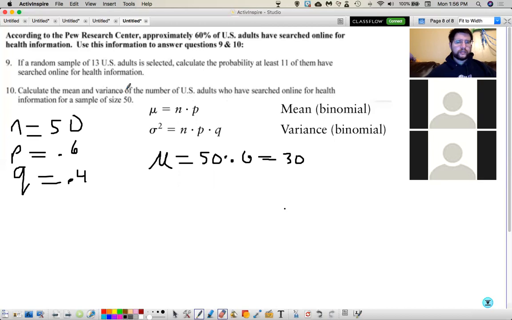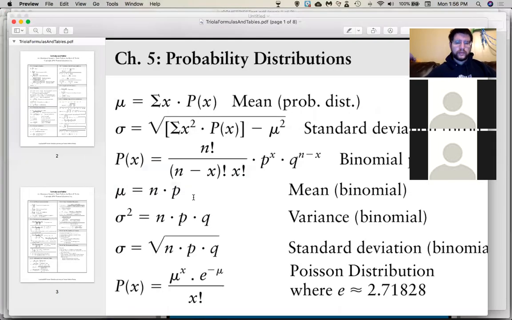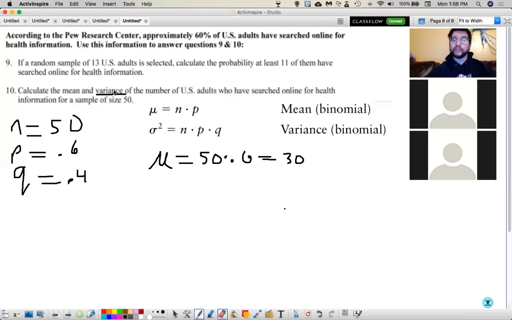Yes, the variance. Now, do note that this could ask for standard deviation. Standard deviation is the square root of that. But this question did say variance, so we're going to use the variance formula. So that's going to be what, 12?